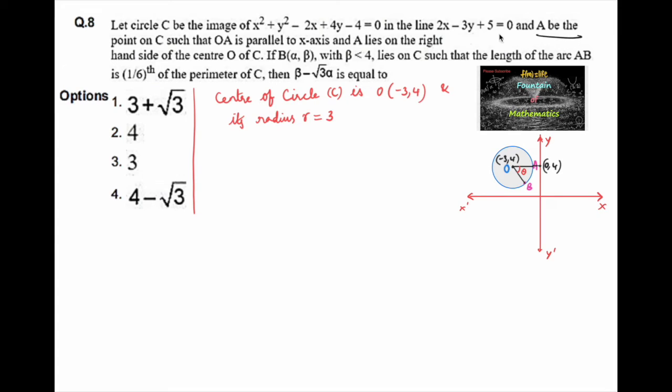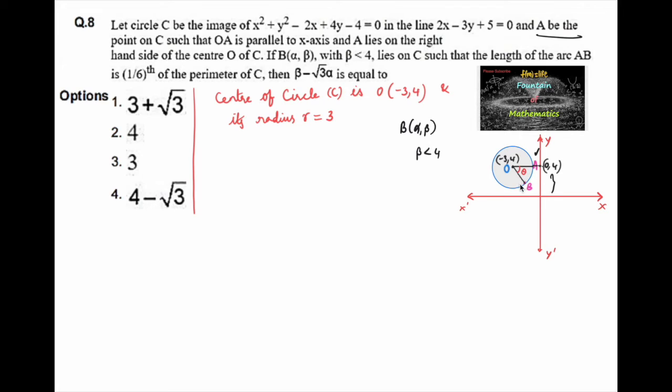Let A be the point on C such that OA is parallel to the x-axis and A lies on the right hand side of the center O. So let us mark the point here. And if point B is alpha comma beta, where beta is smaller than 4, which means it should be below the 4, here 4 units are there.